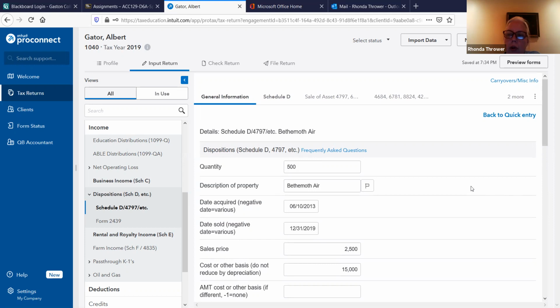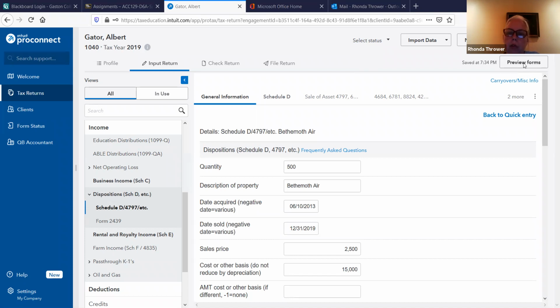And this is where we got into trouble the last time that we met. What I tried to do is click on preview forms here, so I'm going to do that again. I know that it may not show up, but I'm going to try to do a new share for you, so let's see if I can get it to work this time.